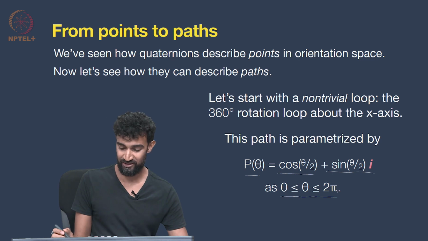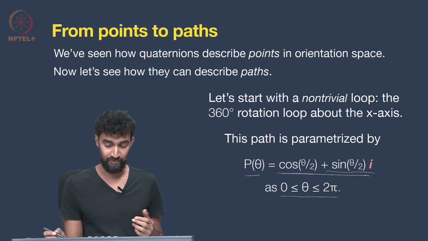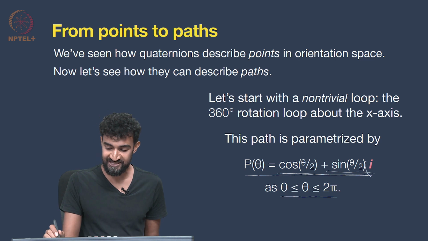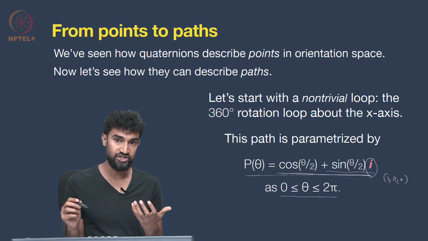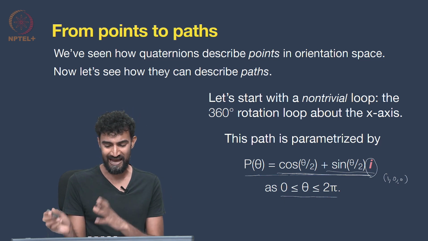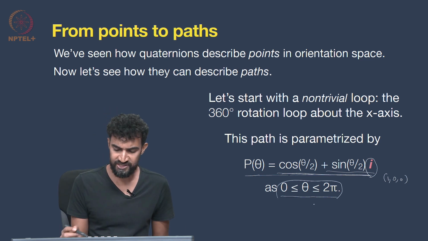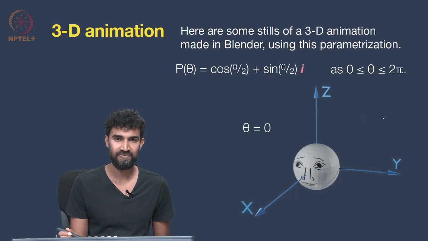And the reason it works just comes from the bijection we looked at earlier. For every quaternion p of theta, the axis is always given by 1, 0, 0. It's always the x-axis. All that's changing is the angle, and that angle is slowly increasing from 0 to 2 pi. So this gives us the 360-degree rotation loop about the x-axis.